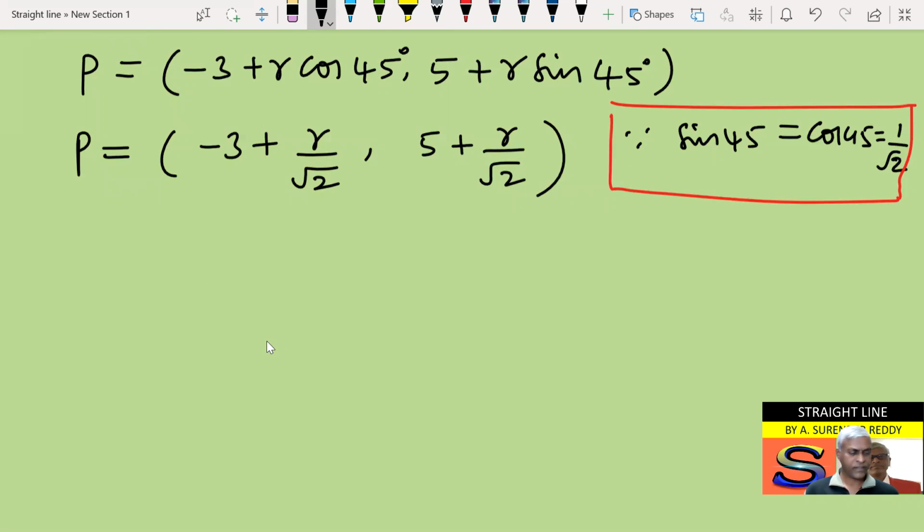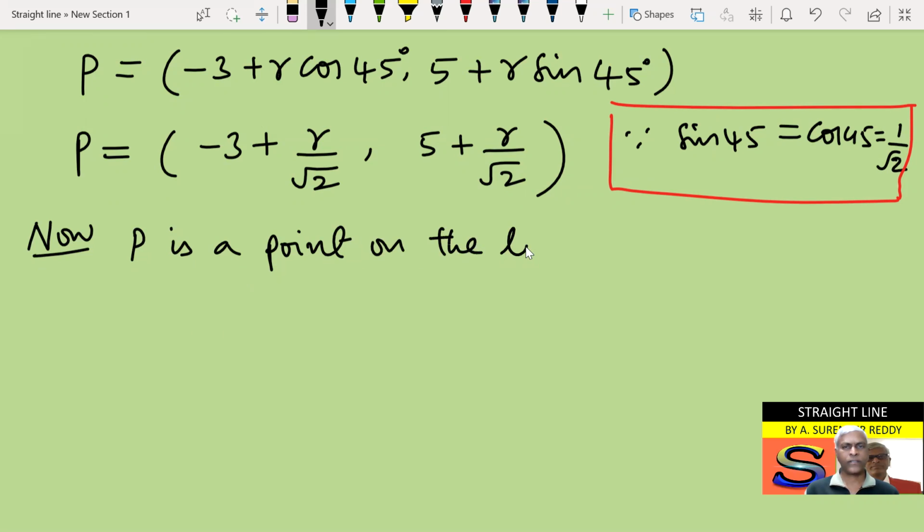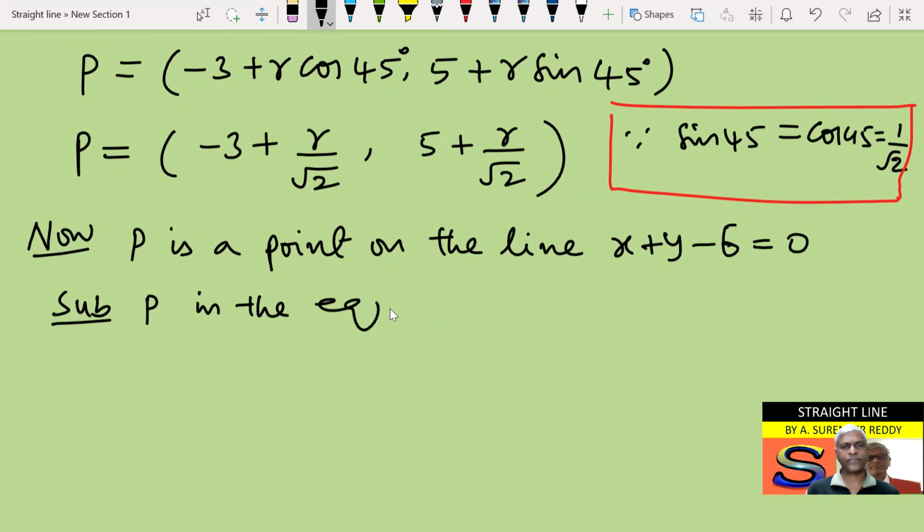Since P is a point on the given line, x plus y minus 6, substitute P in the equation x plus y minus 6 is equal to 0.